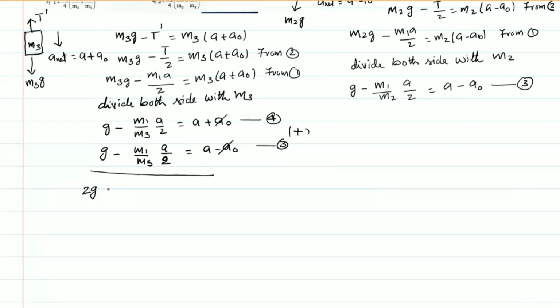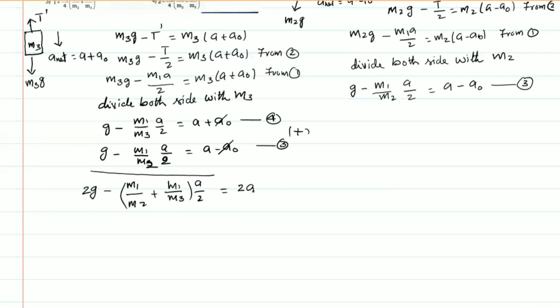It becomes 2g minus, taking a by 2 common, (m1 by m2 plus m1 by m3) into a by 2, equal to 2a.